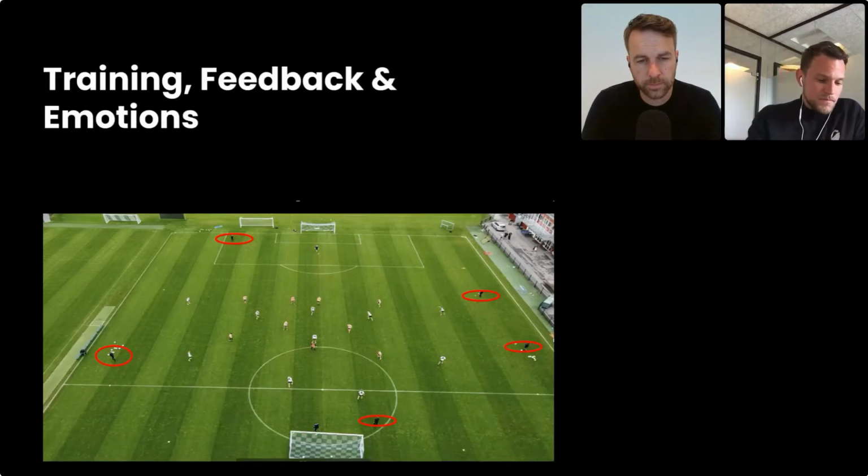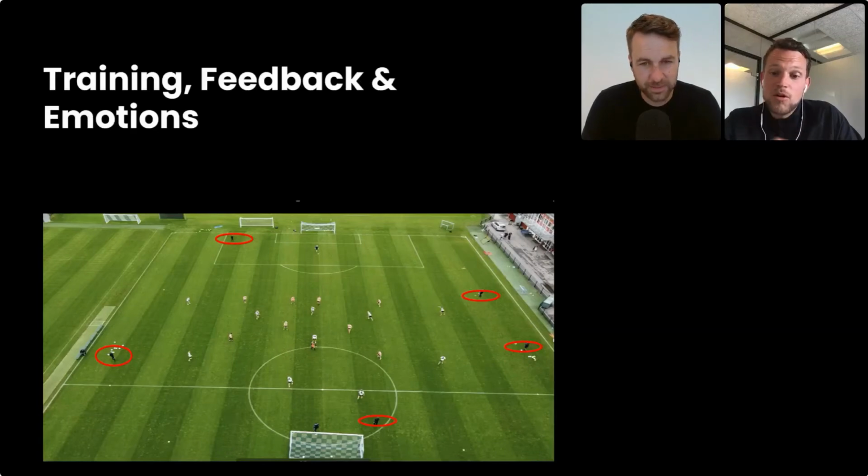So we ask them questions, because studies show that elite coaches detect 38% of what is going on in an 11 against 11 game. So that's 38%, which means there's quite a lot that we miss. Even though we are maybe more than one coach, there's quite a lot that we miss. So we need also, especially with players at this level, to ask them questions. What did you see?